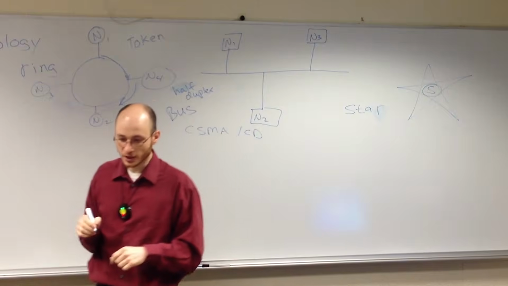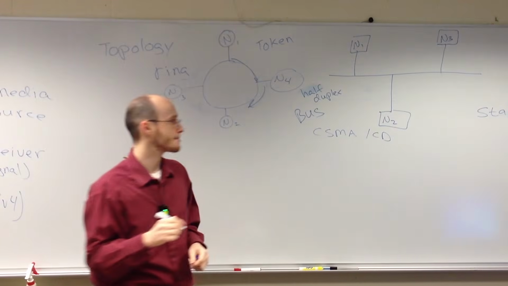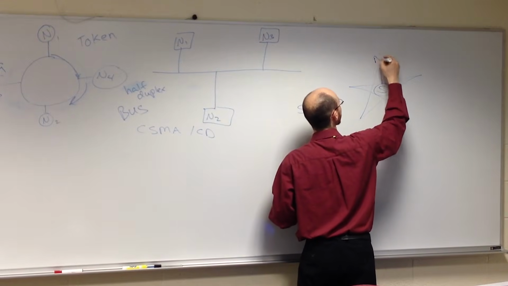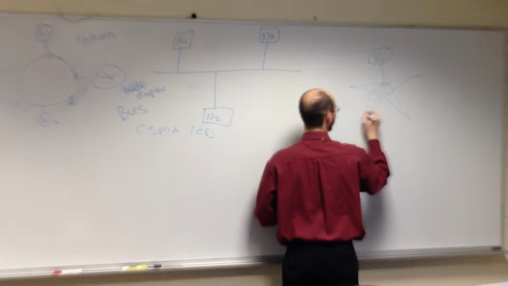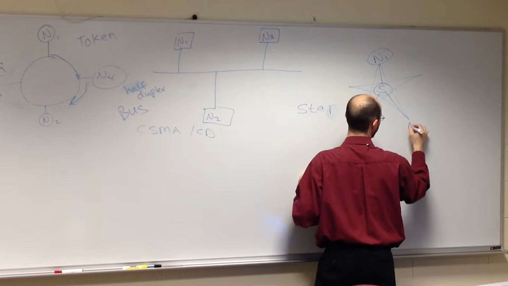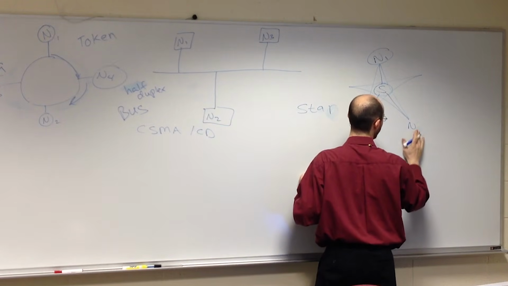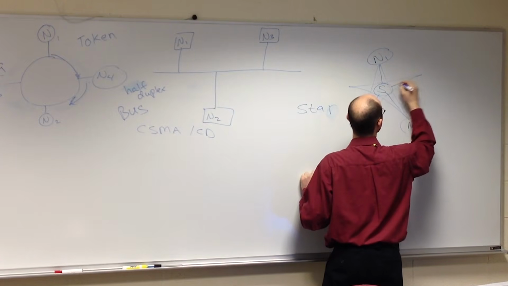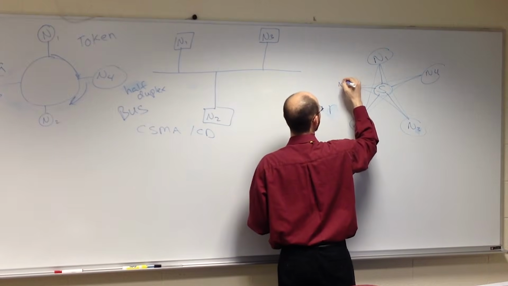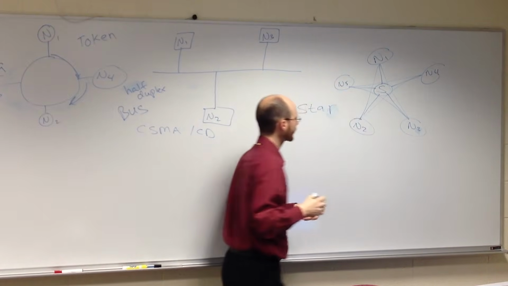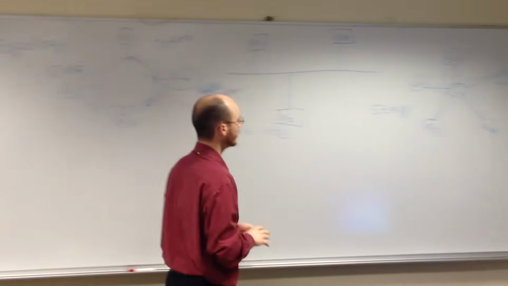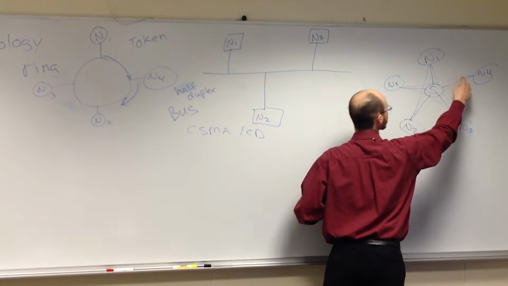In the center of a star topology is going to be a switch. And radiating out from that switch are going to be nodes. These are like points to a star.